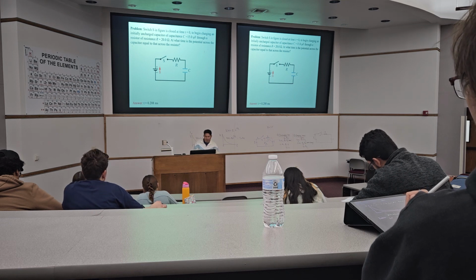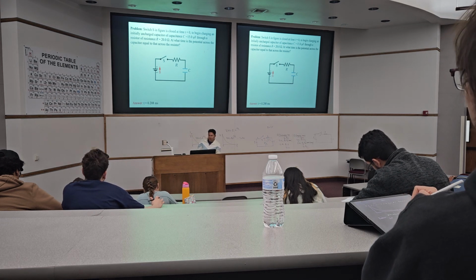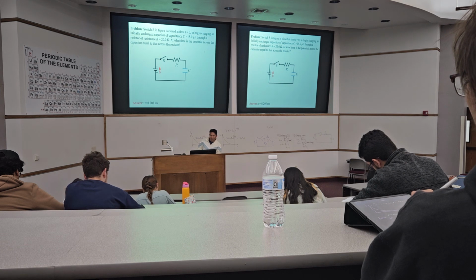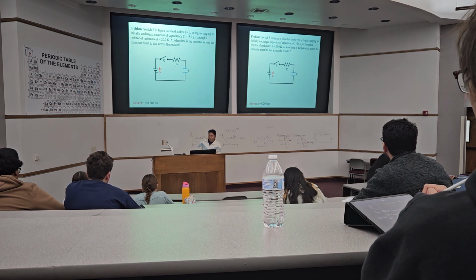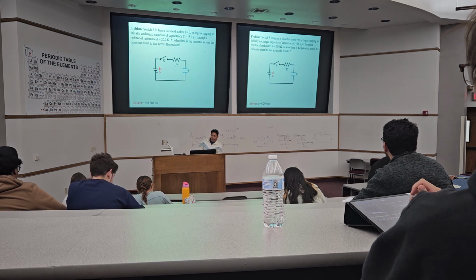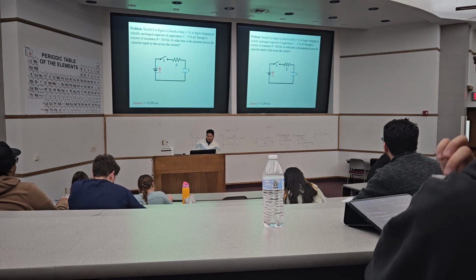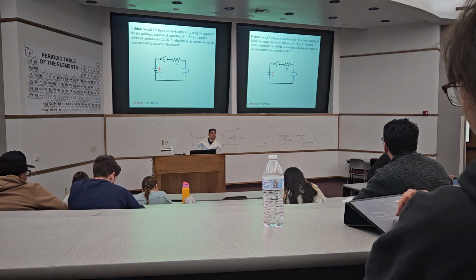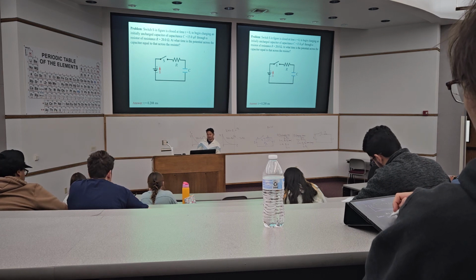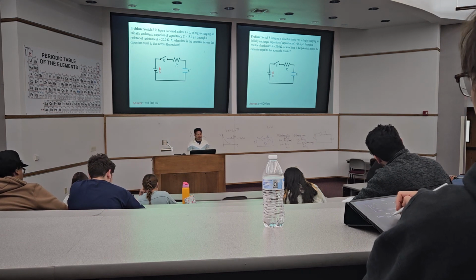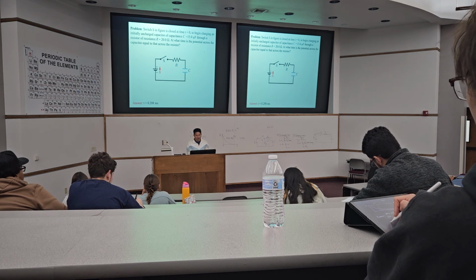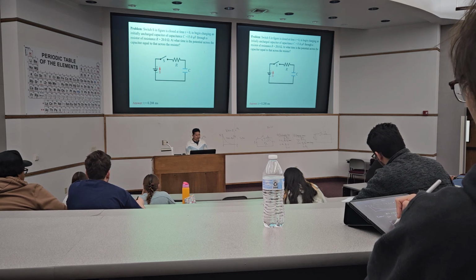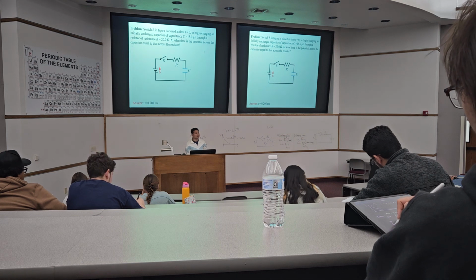So you turn on the switch and you charge it, and the resistor value is given. At what time is the potential across the capacitor equal to the potential across the resistor? I need to find the time at which the potential across the capacitor is equal to that across the resistor.